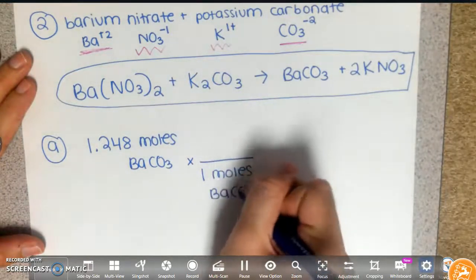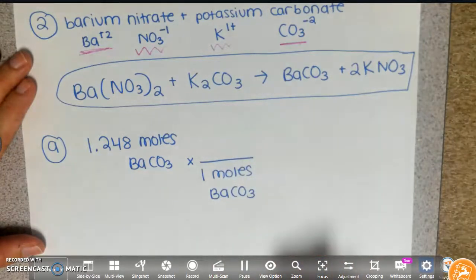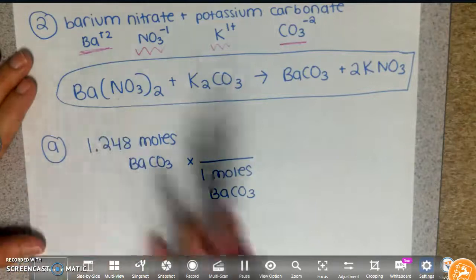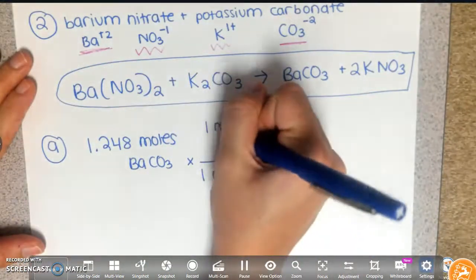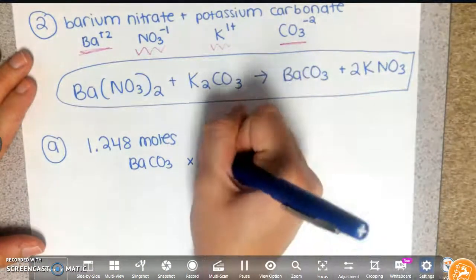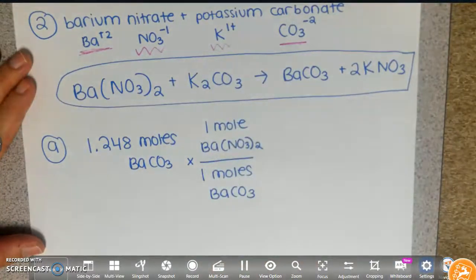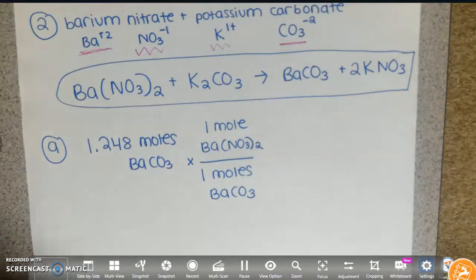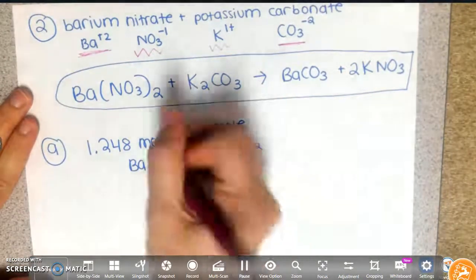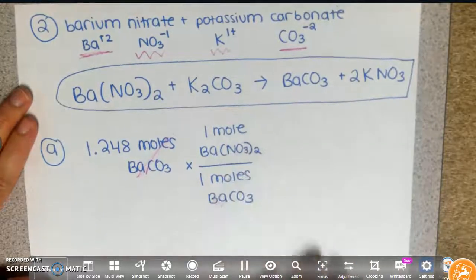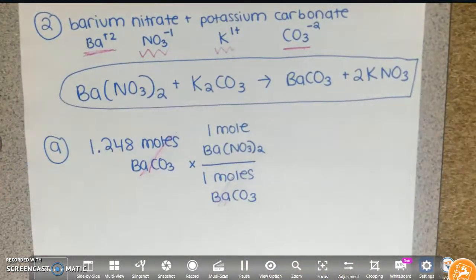So 1 mole BaCO3, and I'm trying to solve for barium nitrate, which is this, and the coefficient in front of that is a 1. And so that goes up top. Now, my moles of BaCO3 cancel out, and you're left with the unit moles Ba(NO3)2, which is what I wanted to solve for.